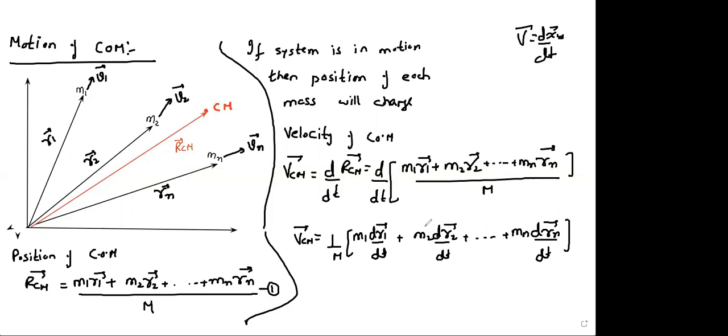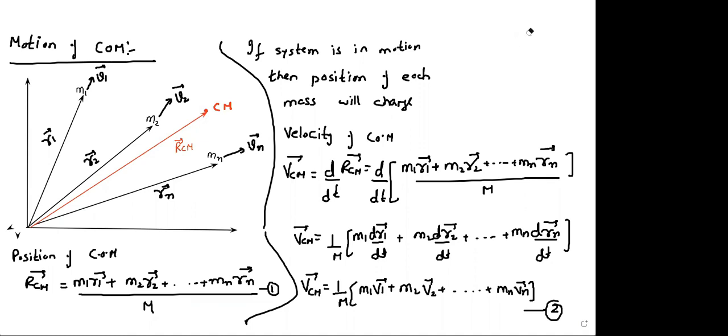So what is dr1 over dt? V1, very good. So it's velocity of first mass. Similarly, this is m2, velocity of second mass, v2. And this is mn, velocity of nth mass. So this is the velocity of center of mass. This is equation number 2.